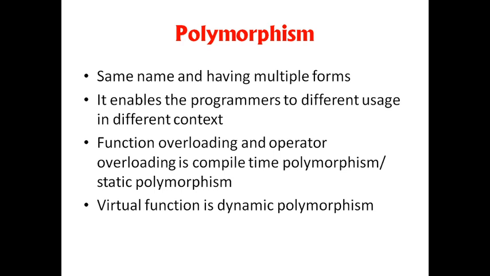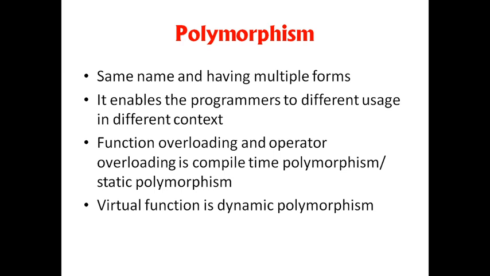Draw is one name, the same name of the function. It can draw circle, it can draw triangle, it can draw rectangle. That is called polymorphism. And there are two types of polymorphism. One is compile time polymorphism and another is dynamic time polymorphism. Function overloading and operator overloading are examples of compile time polymorphism. We can say static polymorphism.